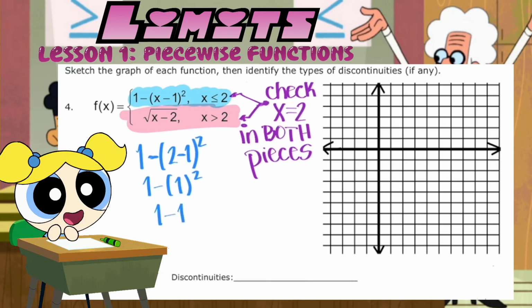1 minus 1 is 0. And then in pink, square root of 2 minus 2, square root of 0 is 0. And what do I know? Well, 0 equals 0.